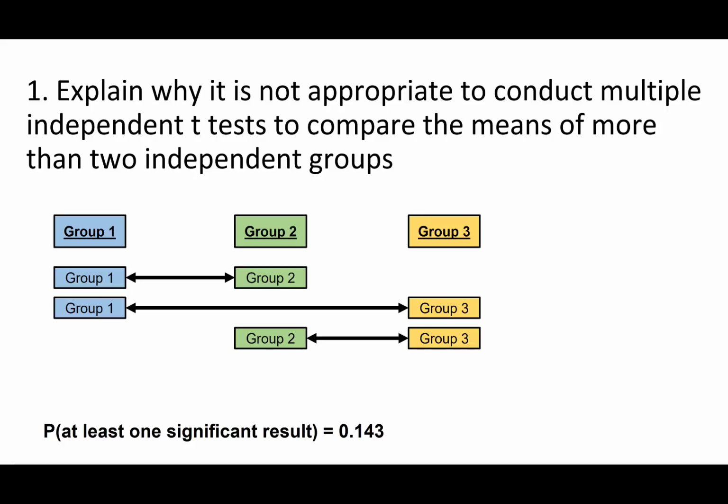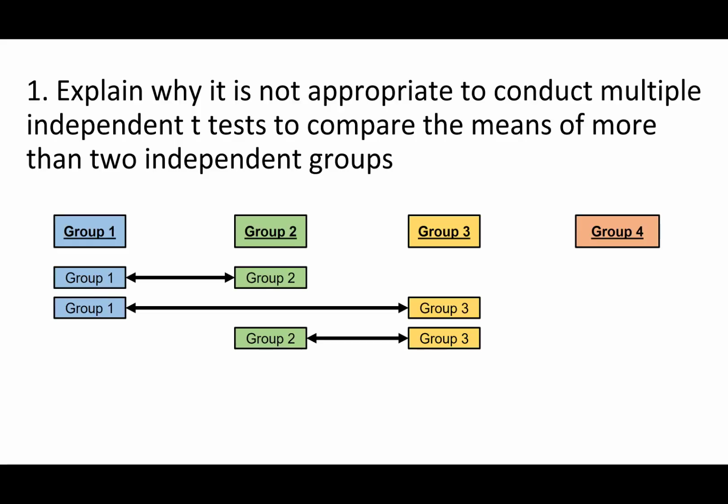We're not going to do the calculation of this in this course, but running 3 independent t-tests, each with a 0.05 alpha level, if there were no significant differences in the population, the probability of obtaining at least one significant result is 0.143. That is a high probability of committing a type 1 error.